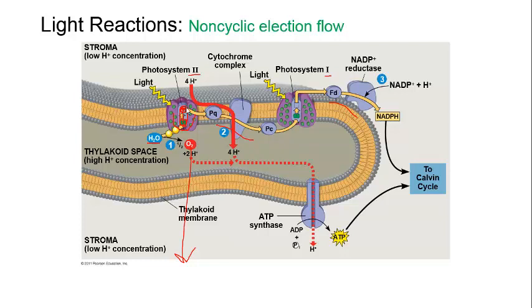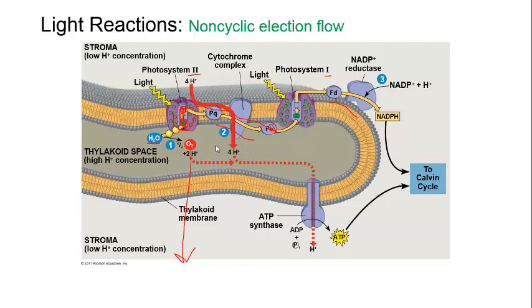These electrons that were energized by light then move down the electron transport chain, and just like in cell respiration, the electron transport chain contains proton pumps, and these proton pumps pump all the protons that came from water into the center of the thylakoid.